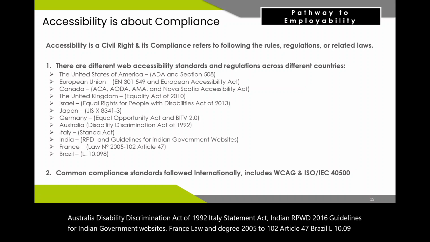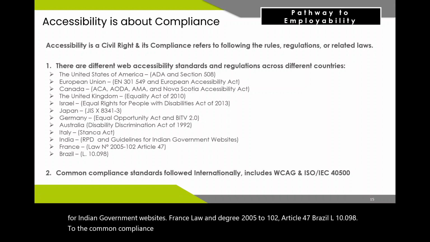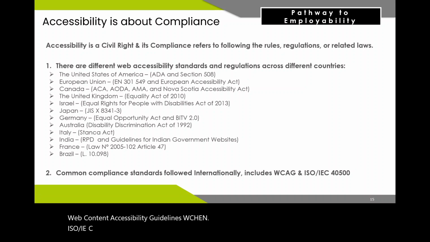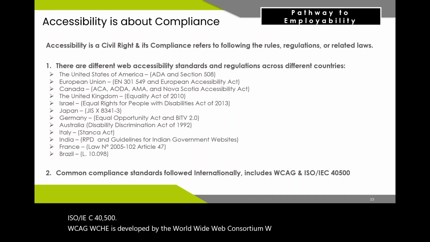The common compliance standards internationally, as Web Accessibility Guidelines, are Web Content Accessibility Guidelines, WCAG, and ISO/IEC 40500. WCAG is developed by the World Wide Web Consortium, W3C, an international community that develops web standards.